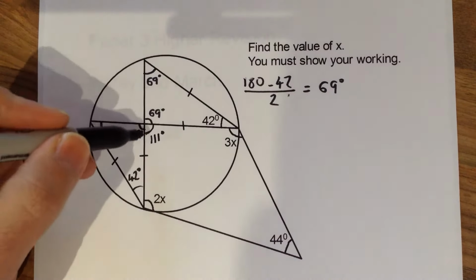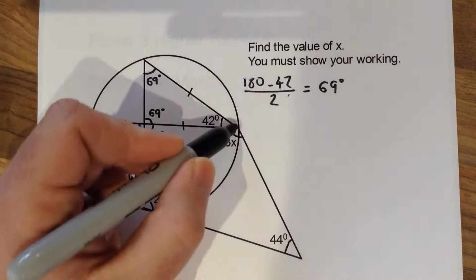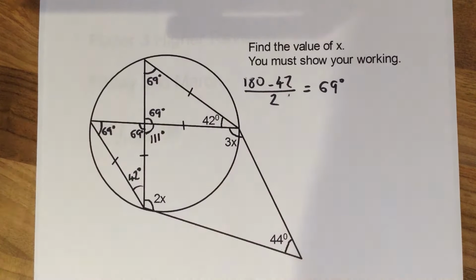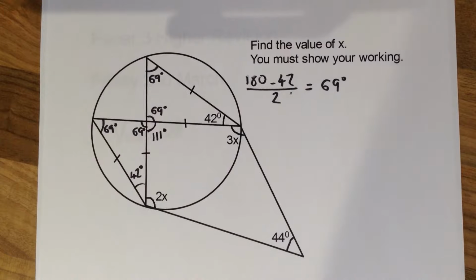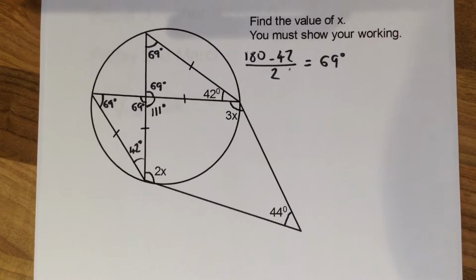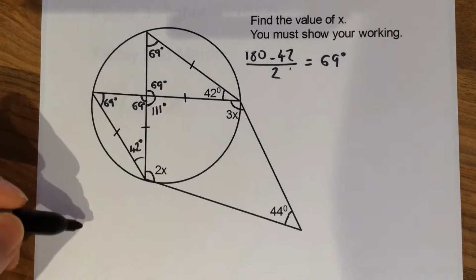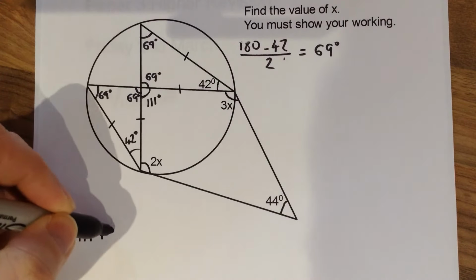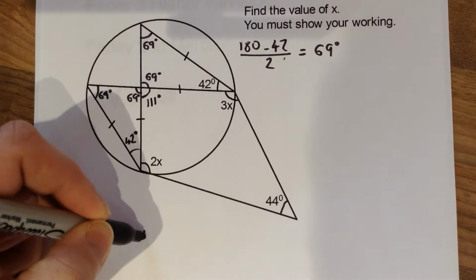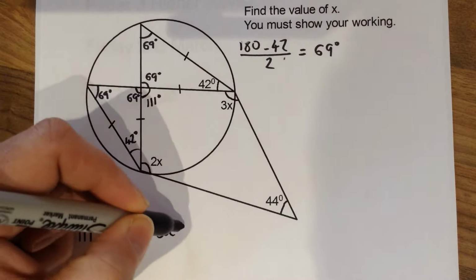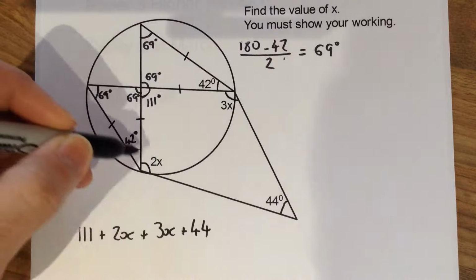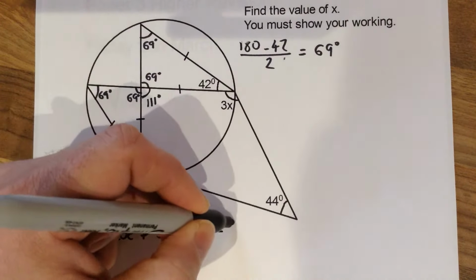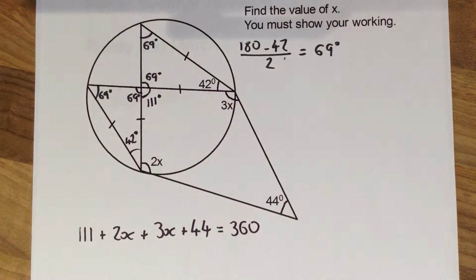We've now got this shape, this kind of kite-looking shape here. Now that is a four-sided shape, and we know that all four-sided shapes add up to make 360. So if we actually write a little equation showing that, we've got that 111 plus 2x plus 3x plus 44, so the four angles inside this quadrilateral, they all add together to make 360.